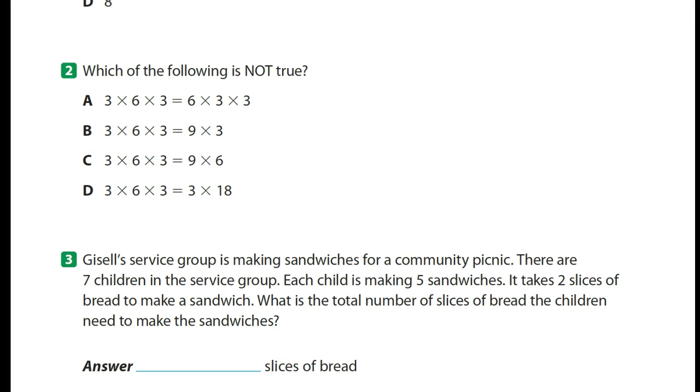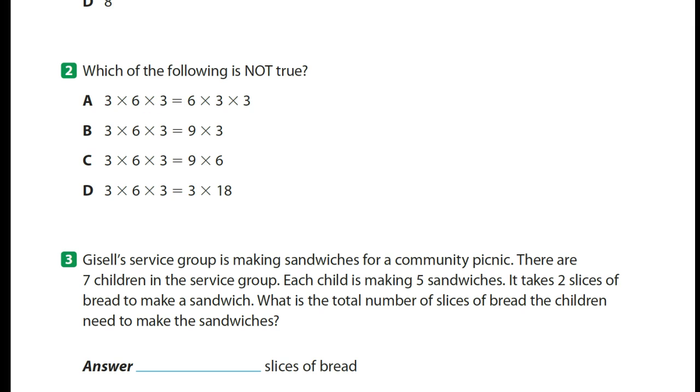Which of the following is not true? Okay, A: I have 3 times 6 times 3. Are these three numbers on the same side? Yes, I have a 6 here, a 3 here, and a 3 here. Yeah, that would be equal.